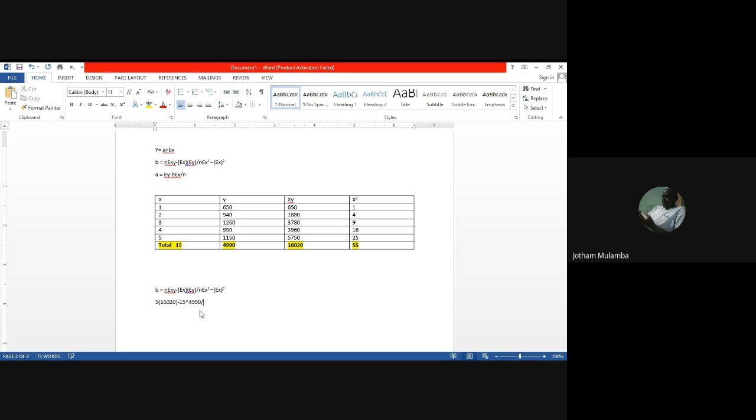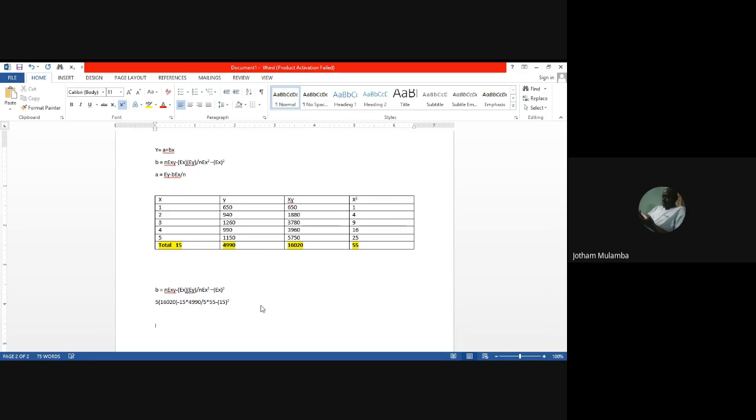Then the whole thing will be divided by n, which is 5, times summation of x squared, which is 55, minus summation of x, which was 15, in a bracket with a square sign 2.